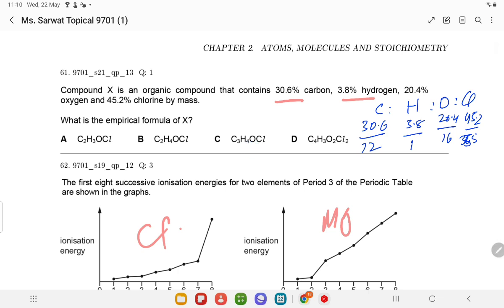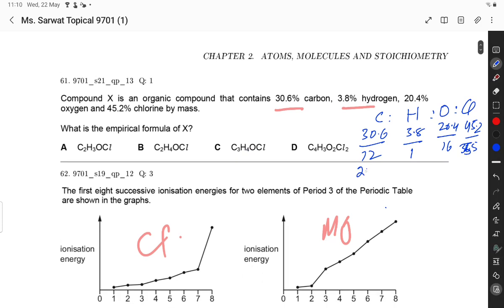So this is 2.55, this is 3.8, this is equal to 1.275 and this is 1.273. This is the smallest value, 1.273.